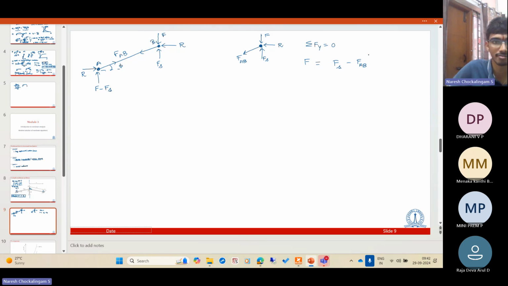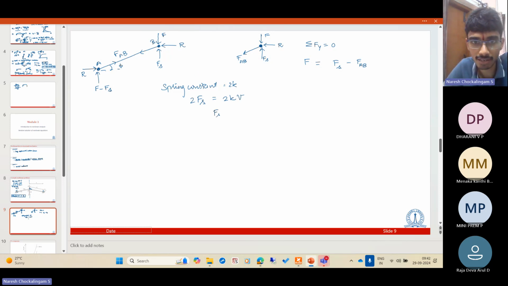So the spring constant is 2K, and the force is 2Fs on the full structure. So 2Fs is equal to 2K times the displacement of this point. The spring is getting compressed, so the force will be upwards. As V is positive downwards, Fs will be resisting the applied V, so it will be 2K times V. So Fs is equal to Kv.